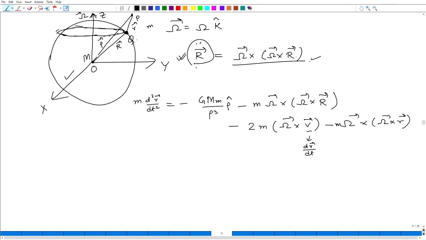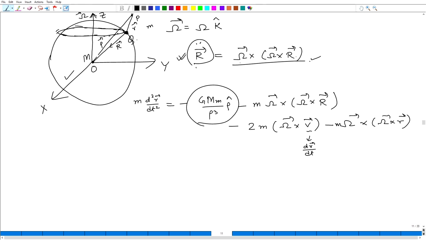Now, we can realize that this term is along this rho cap direction, and this term is omega cross r, which is radially inward.